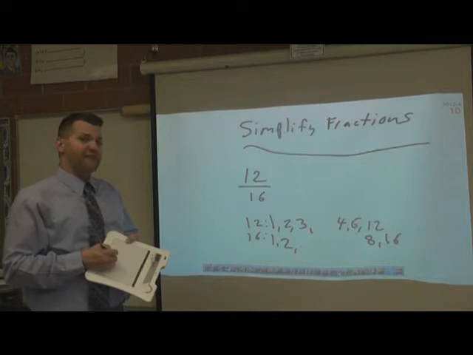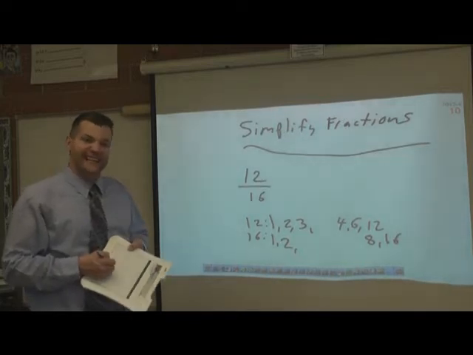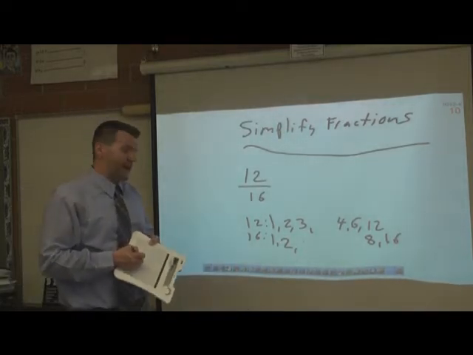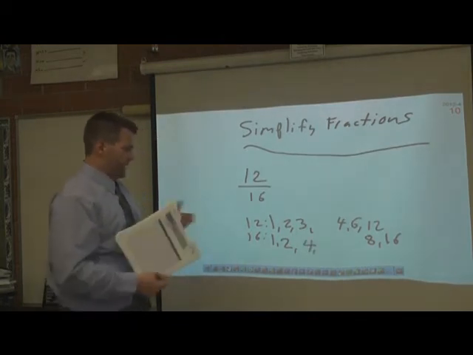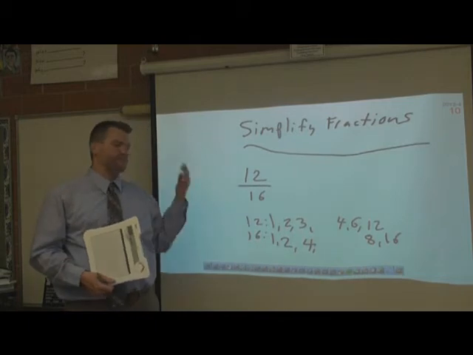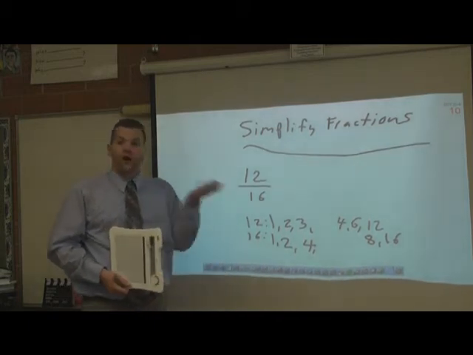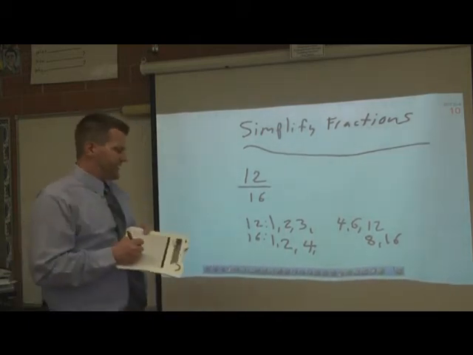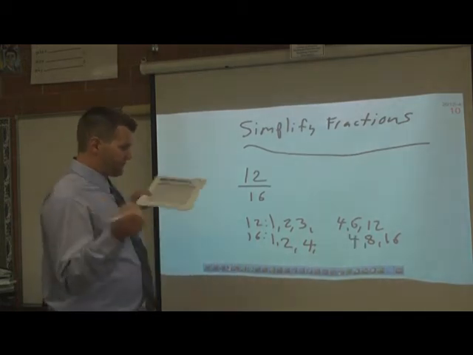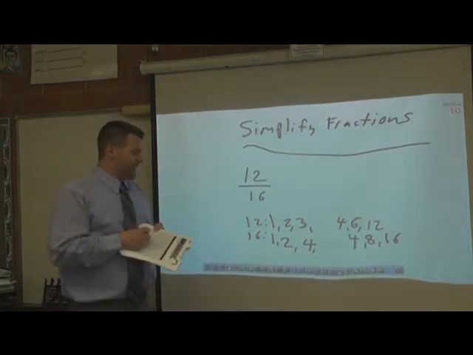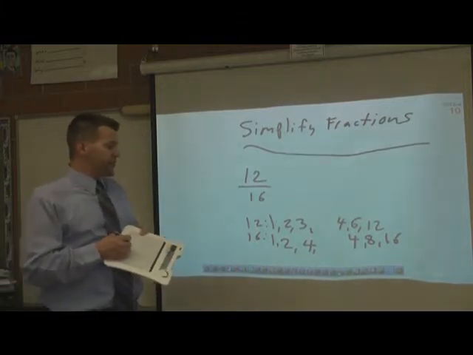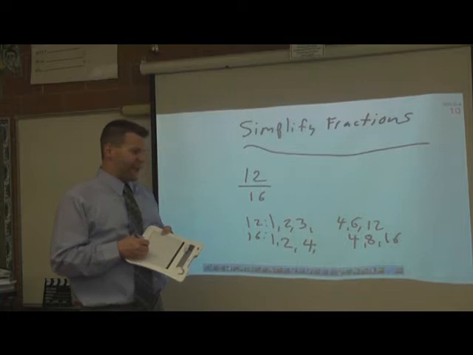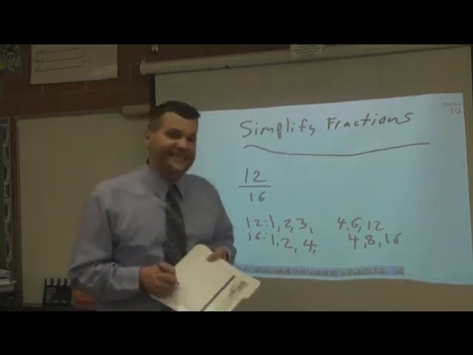Well, 3 times 5 is 15. 3 times 6 is 18. So it wouldn't. Does 4 go into 16? Well, 4 times 4 is 16. So let's see here. The factors of 16 are 1, 2, 4, 8 and, of course, 16.